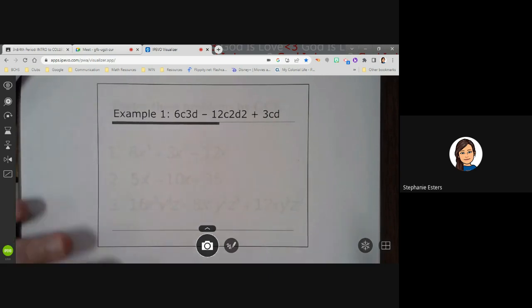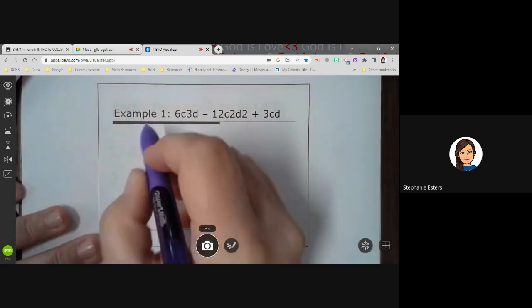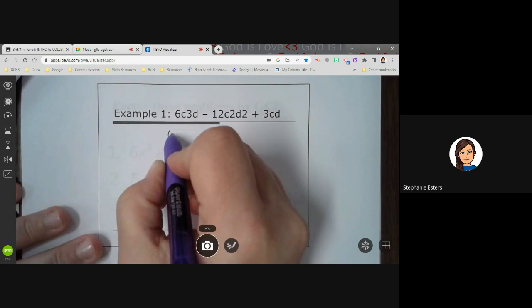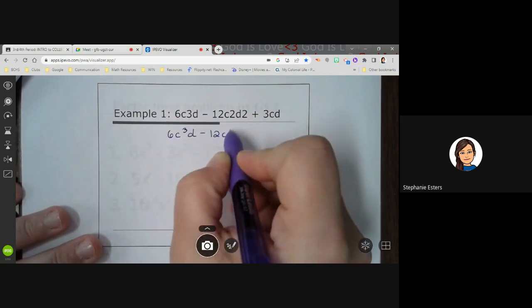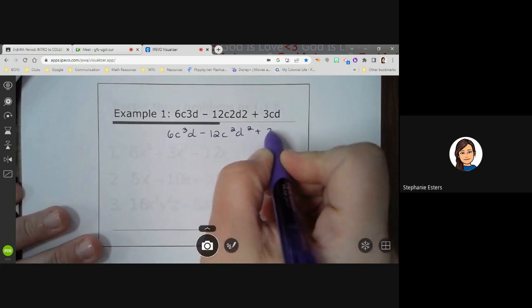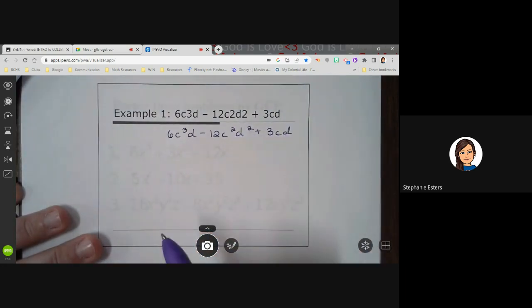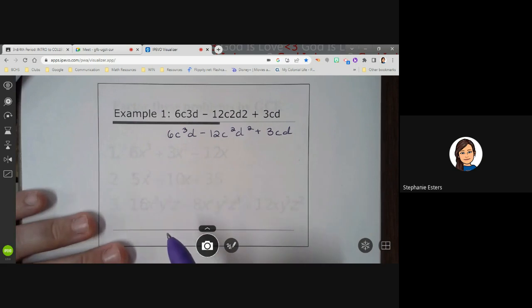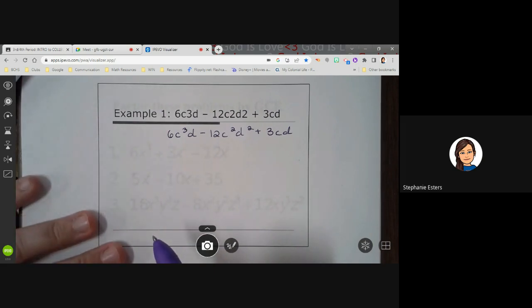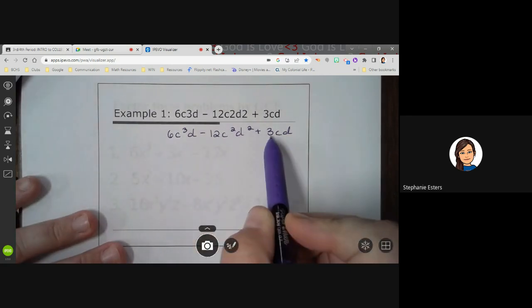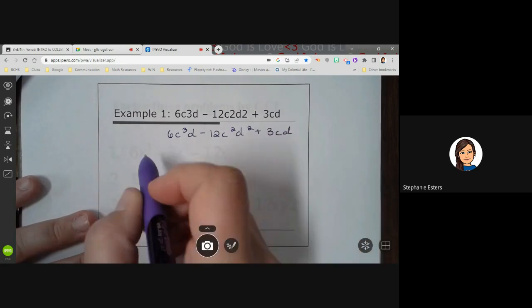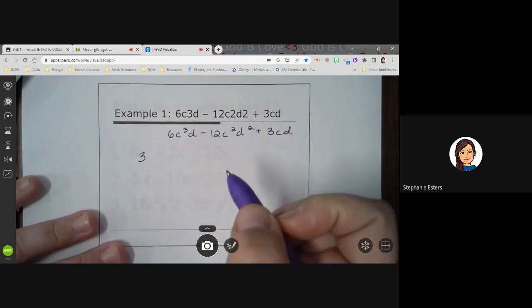So first things first, with our example, this did kind of write a little strange when I tried to copy it. This is 6c^3d minus 12c^2d^2 plus 3cd. So to identify our GCF, again, we want the largest number that will divide evenly into each of the terms. So 6, 12, and 3 are all divisible by 3.